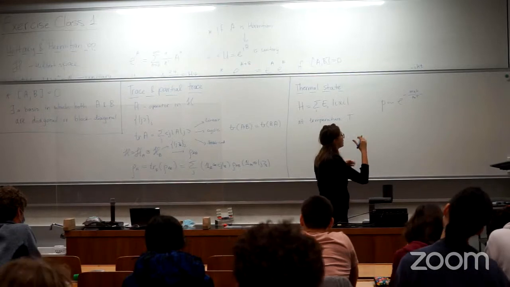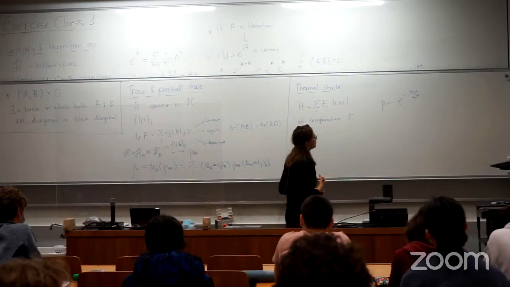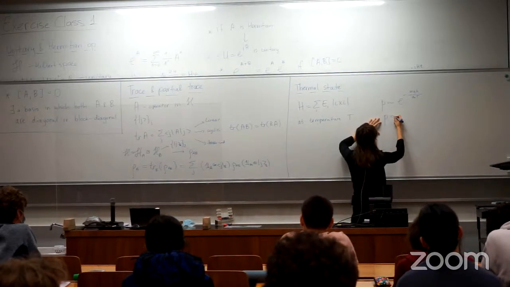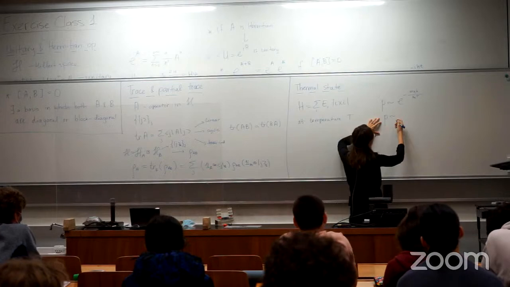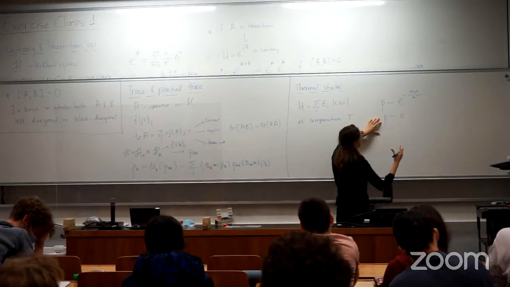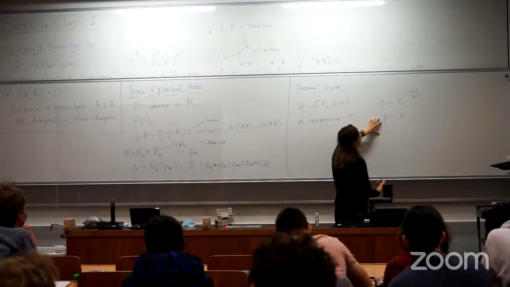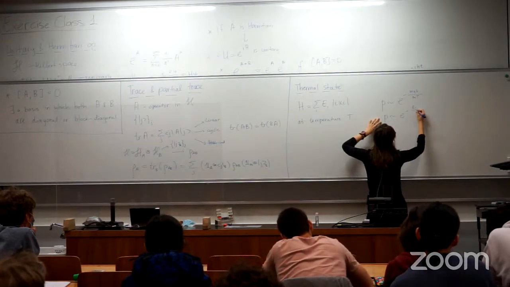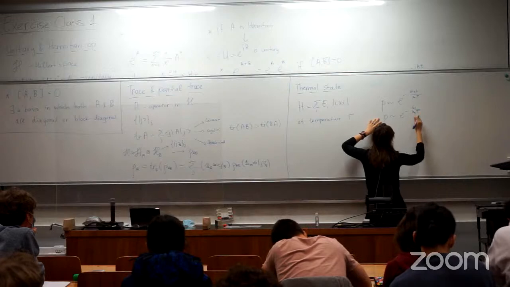Basically, to write such a distribution, we write the probability to be at the energy E_i as proportional to e to the power minus E_i over k_B T, where k_B is the Boltzmann constant and T is the temperature.